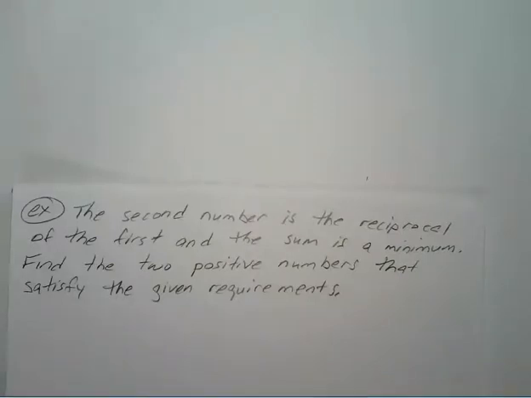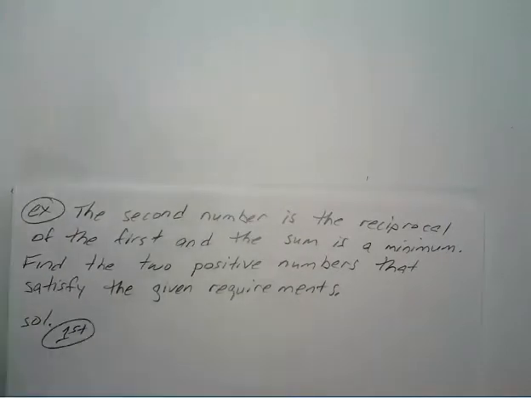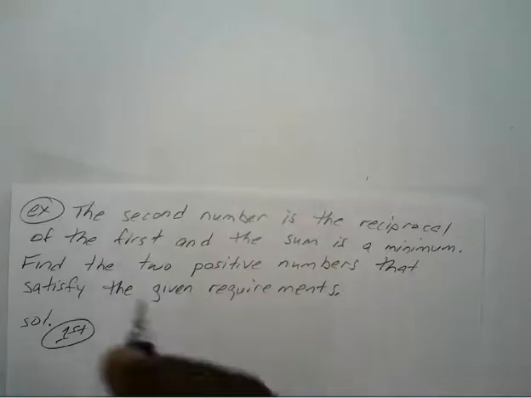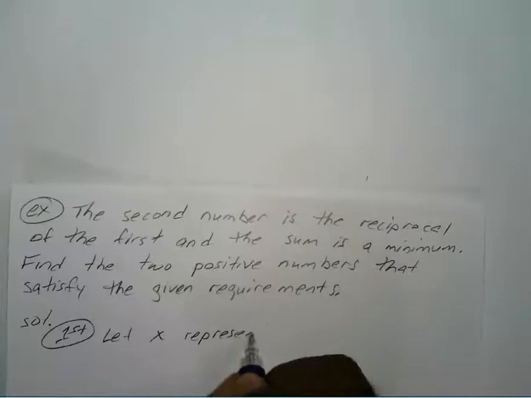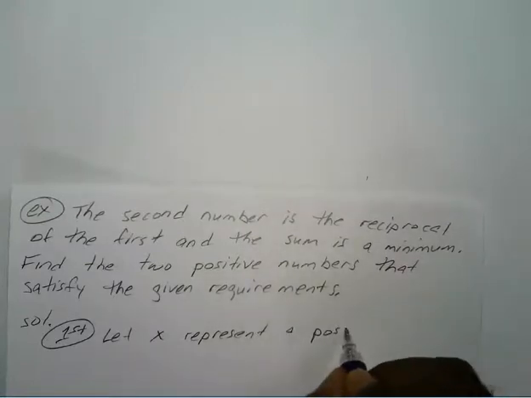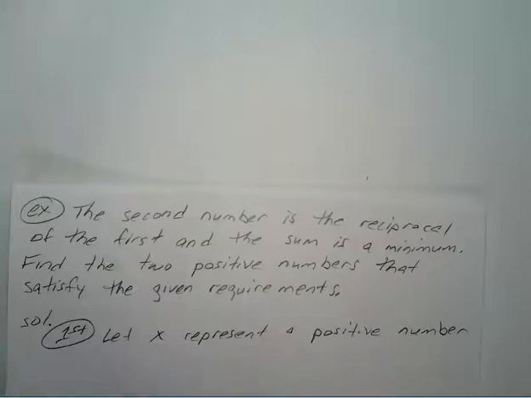For this one, we don't really have to draw a picture, but we can still identify our equations, anything that's given to us. So your first step, let x represent a positive number. It tells us that the second number is the reciprocal of the first.